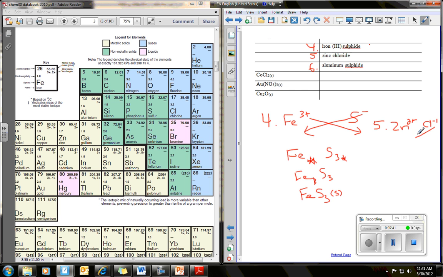So you do the crossover. So you have zinc 1, chloride 2. You eliminate the ones, you eliminate the charges. And what do you got? You got zinc chloride 2, and then you put solid because it is an ionic compound. You could try number 6 by yourself, and then you could practice, and hopefully you get this. Thanks.